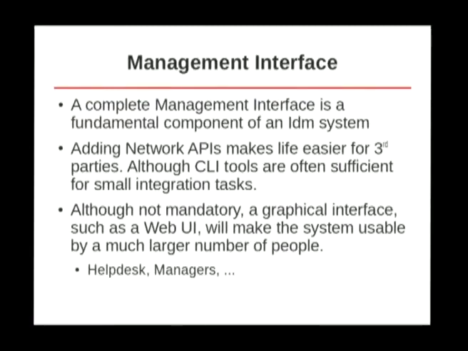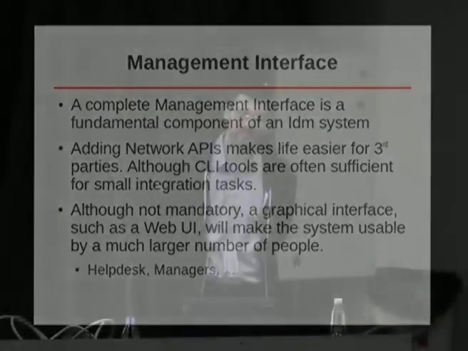We want to bring all these users onto the Unix machines, but we need a way to connect these two systems, and an API is fundamental for that. Sometimes you can get away with command line tools for that. The administrator can cobble together an SSH onto the machine that calls a bunch of scripts, but if you have an actual API, it makes it much easier to integrate.